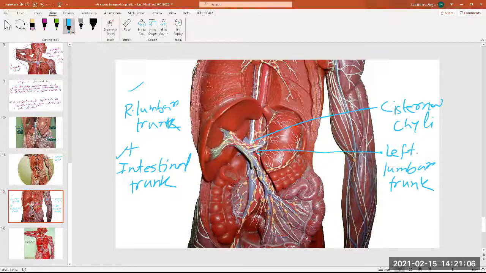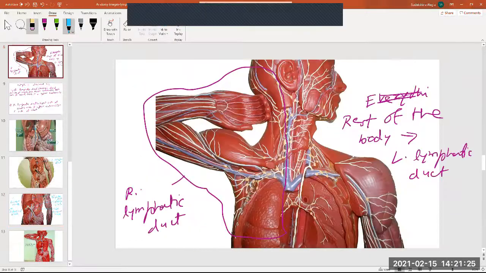From there emerges the left lymphatic duct. Continues on. We go over this here. Left lymphatic duct. Let me erase some of this.